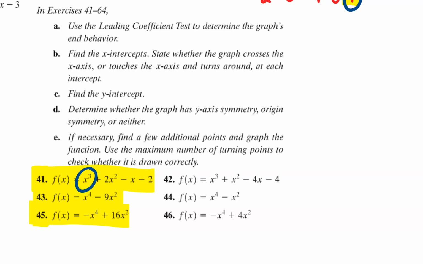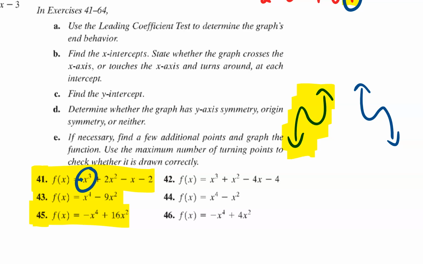I know that a cubic function looks something like either this or this. And then the leading coefficient is what tells me if it's going to be starting down and going up or starting up and going down. Since this leading coefficient is a +1, that means it's going to start downward and then finish upward.